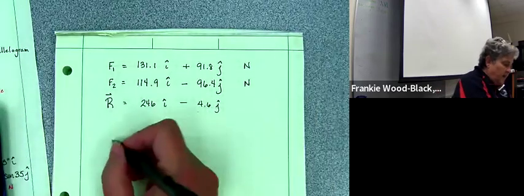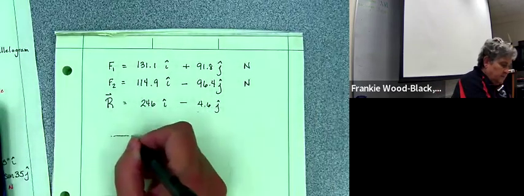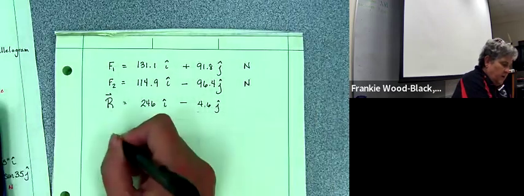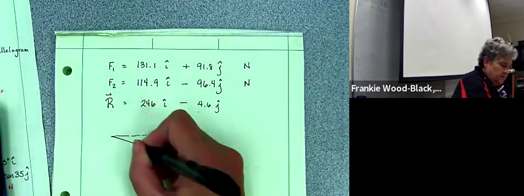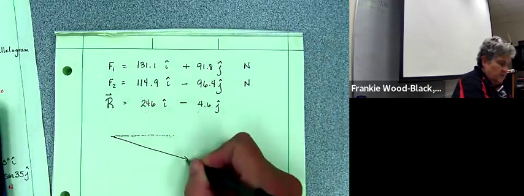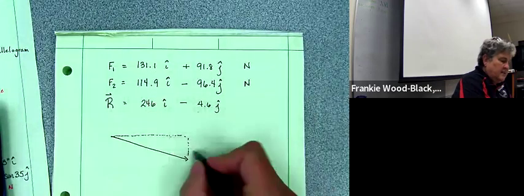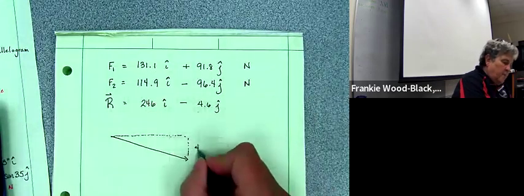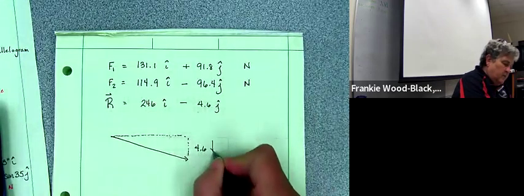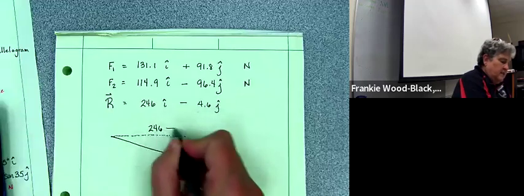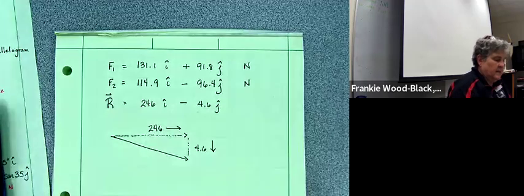So if I want to draw that vector, we know we're going to get a resultant vector that's going to look like this, because we know that this side is 4.6 in the downward direction, and this side is 246 in the positive direction.